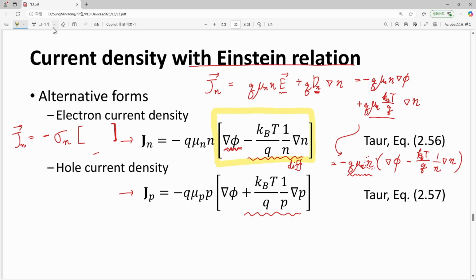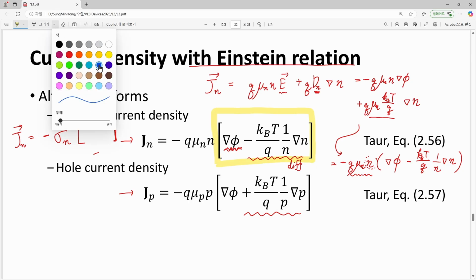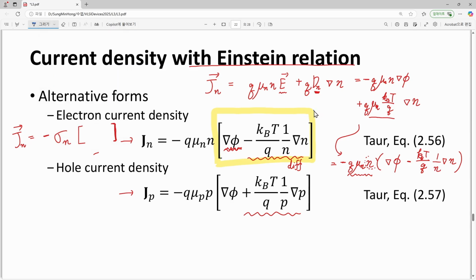How does it look like? You may now understand this entire term can be written as just a gradient of electron quasi-Fermi potential.